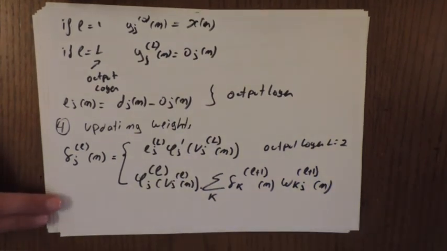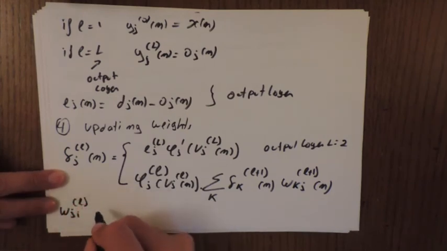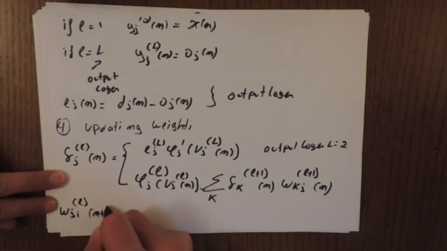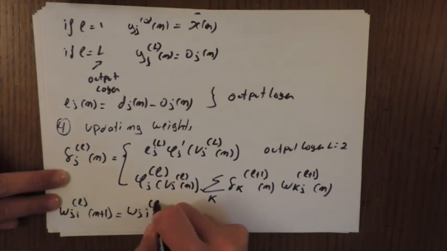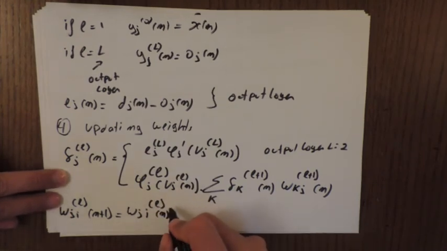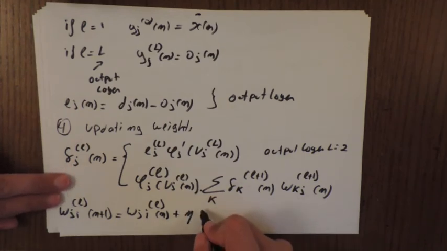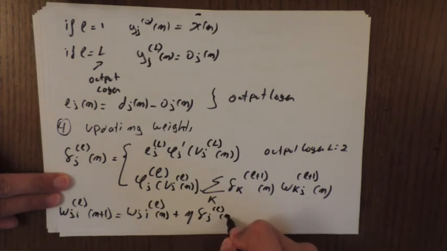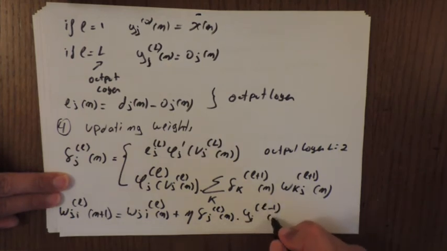And then in this case Wji of L of n plus 1 will be equal to Wji of L of n plus the learning rate times the local gradient times yi of L minus 1 of n.